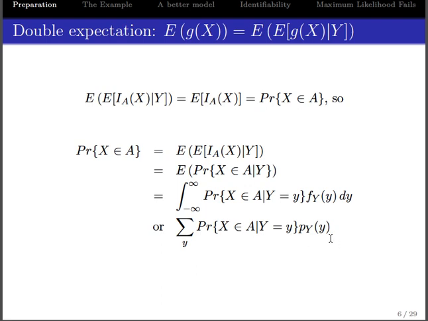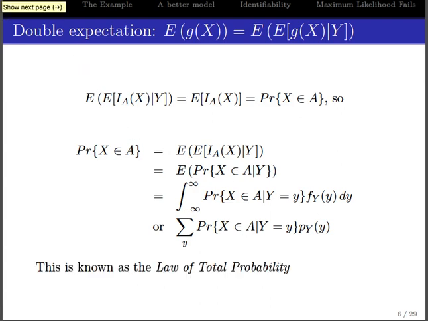That is, if the distribution of y is discrete, it's the sum over y instead of the integral over y. In either case, you have something that's called the law of total probability. Basically, the probability that x is in A is split up over all the possible values of y, and then we integrate it out and get an average, which is the overall unconditional probability.